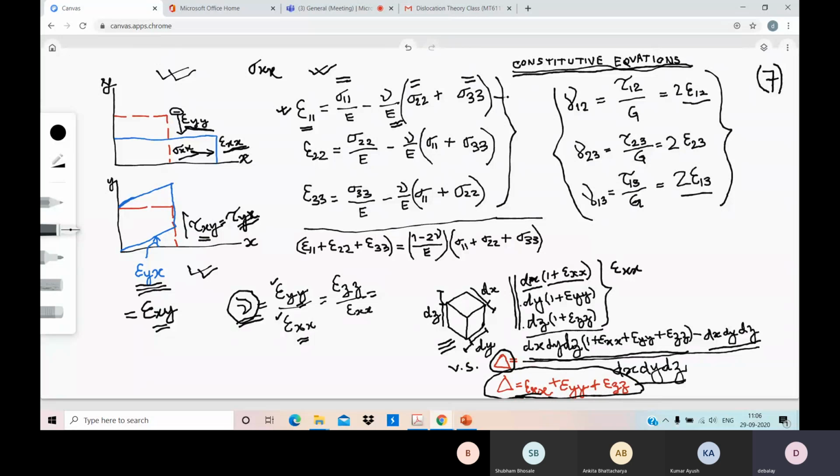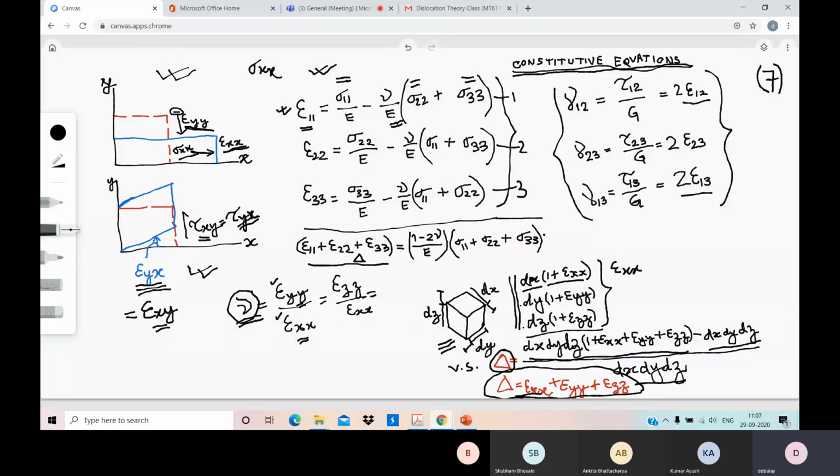Now if you take these three normal stress-normal strain relations and simply add them, what will come? You will get epsilon 1 plus epsilon 2 plus epsilon 3, which is basically the volume strain delta, equal to (1 minus 2 nu) by E into (sigma 1 plus sigma 2 plus sigma 3).